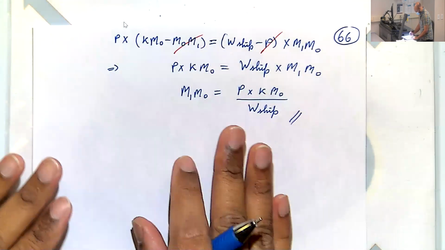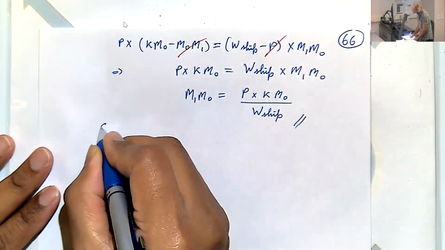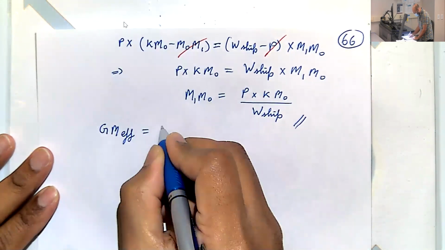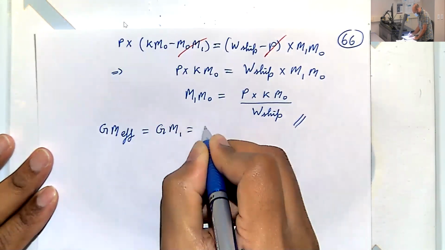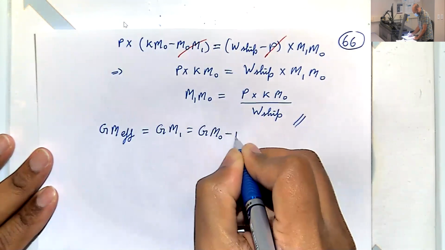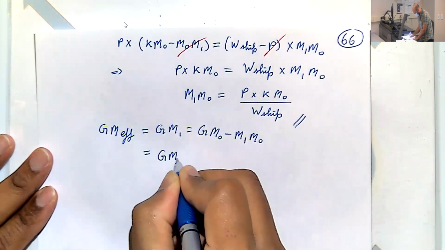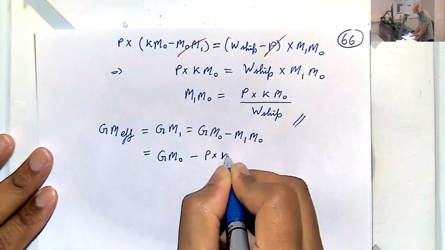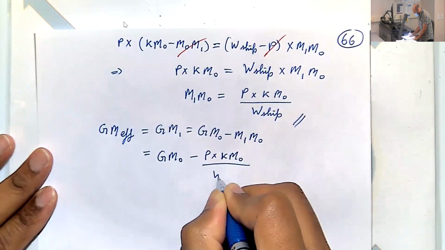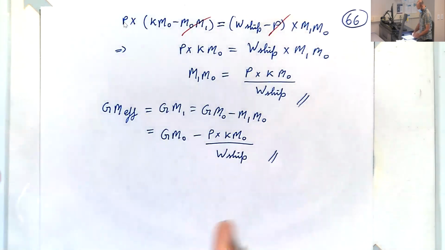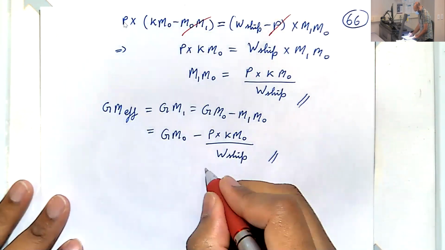With this shift, we can compute our new GM. So GM effective now, basically GM1, is GM0 minus M1 M0, which is GM0 minus P times KM0 over W ship. So that's the loss in GM.